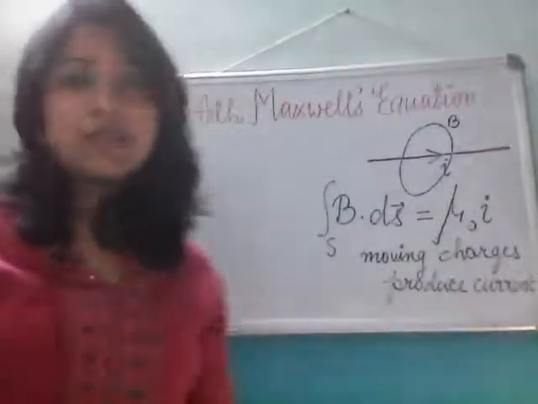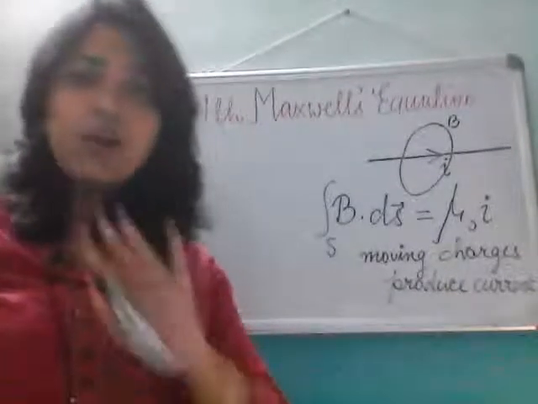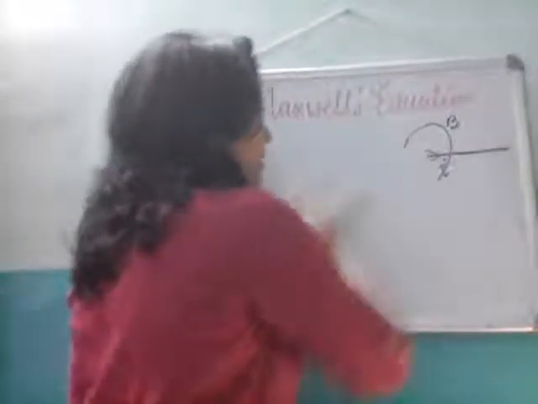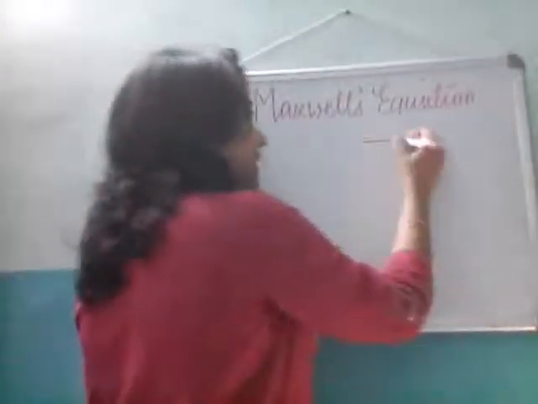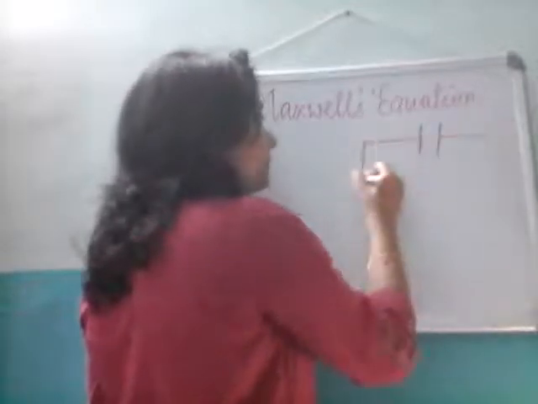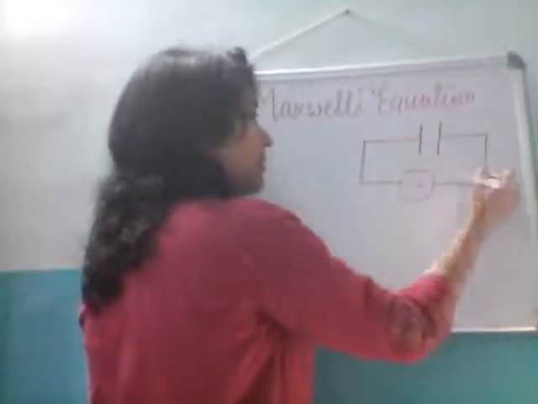Alright, this experiment was essentially done by Ørsted. So let me just, in very short, show that experiment to you. So what was the experiment? We have a circuit with a capacitor in it, connected to an AC source.